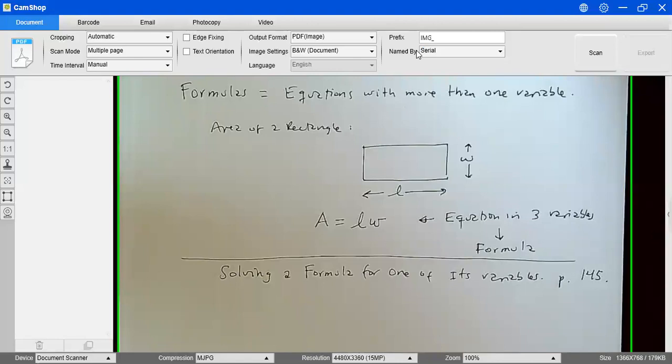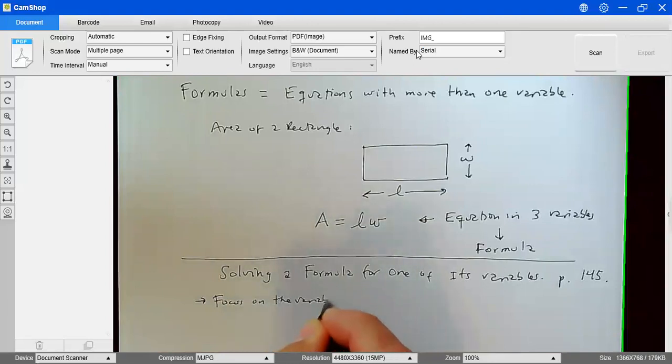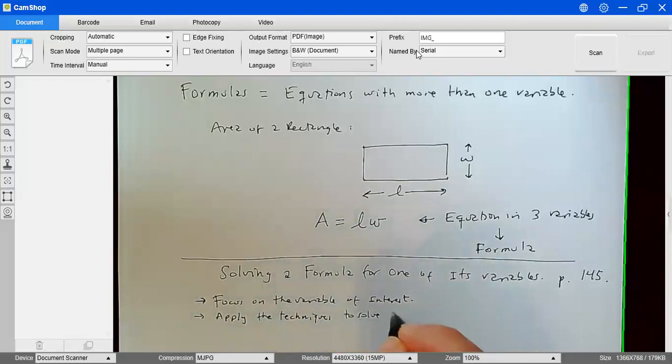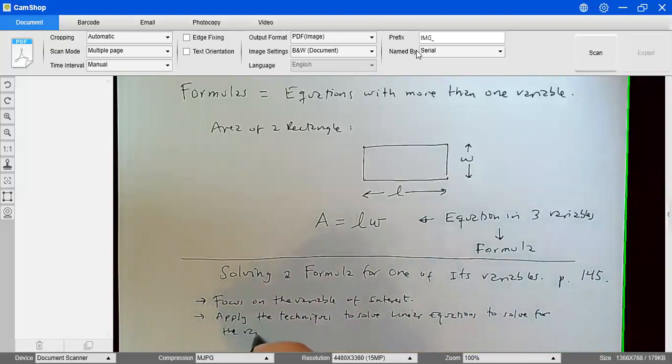So the way that we solve a formula for one of these variables is that you just need to focus on the variable of interest, and then just apply the techniques to solve equations, to solve linear equations, to solve for the variable of interest is what we're gonna do.